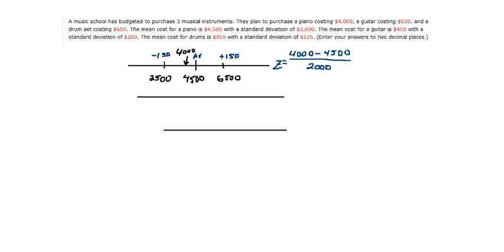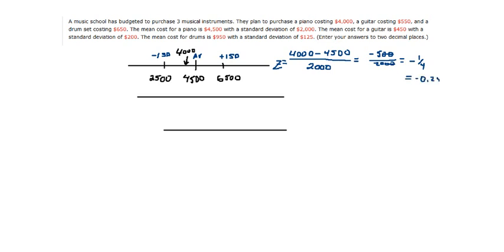So we want to find out how far this is. Well, this is going to be negative 500 over 2,000. If we do the fancy mathematics, 500 divided by 2,000 as a fraction is the same thing as negative 5 over 20, and that's negative 1/4, which as a decimal is negative 0.25.